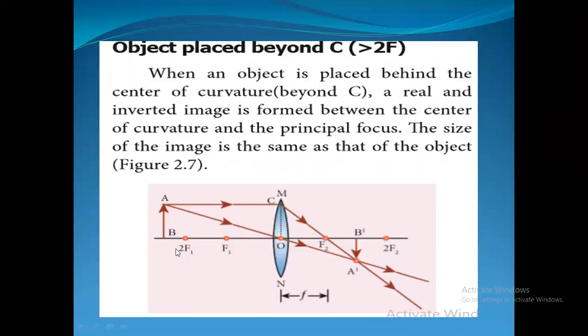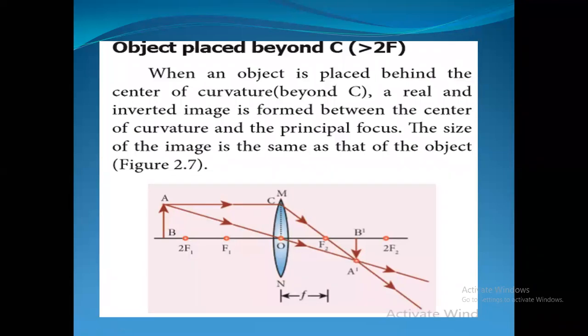2F1 is also called beyond C. For the image, you take two rays. One ray passes through the optical center, and another ray falls on the convex lens, and then the two rays join.